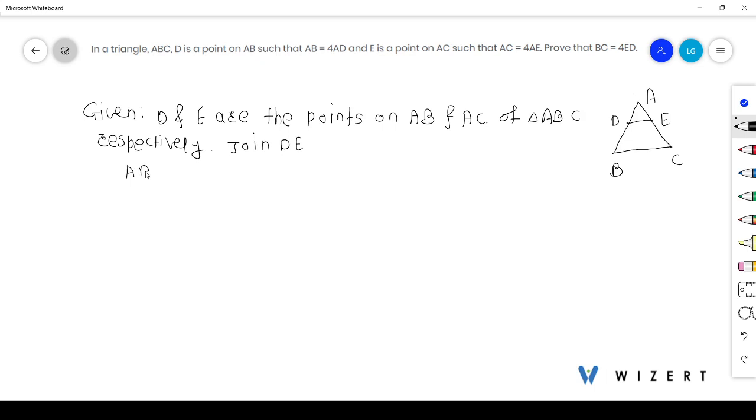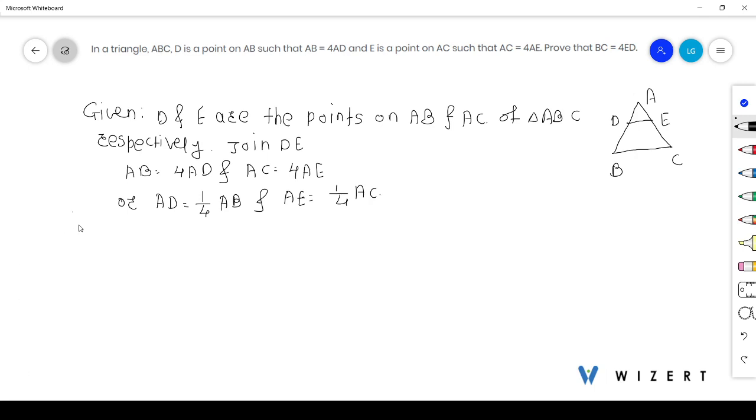Here AB is given as 4AD and AC is given as 4AE. Or we can write this as AD equals 1 by 4 AB and AE equals 1 by 4 AC.